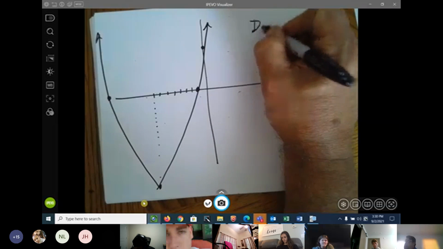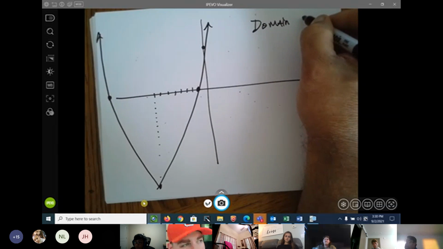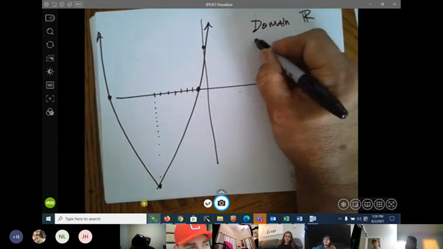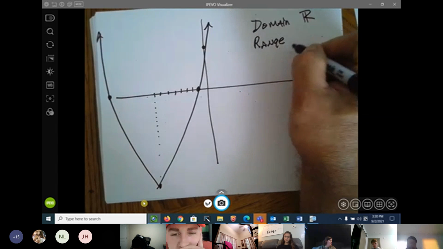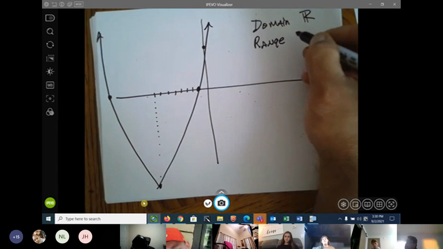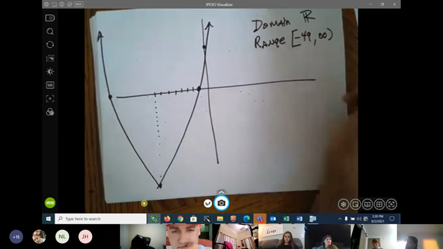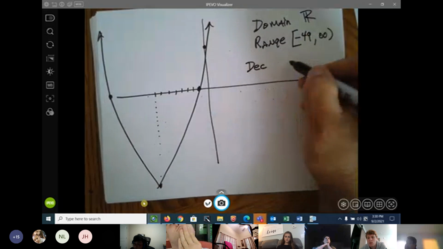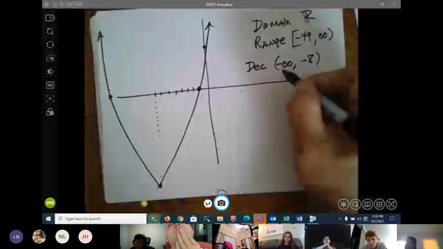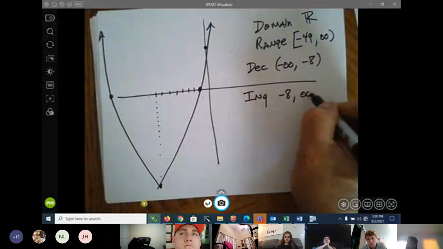So our domain on all squared functions is all real numbers. Range is from negative 49 to infinity, decreasing from negative infinity to negative 8, and increasing from negative 8 to infinity.